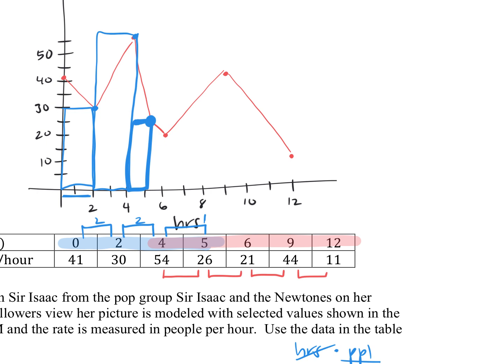And now the difference here is the right-hand Riemann sum, we kind of ignored this first number, right, of 0 and 41. We didn't use that 41 height value. For the left-hand Riemann sum, I'm not going to use the last y value. I'm only going to use the first 4, okay? Because if I drew this on the graph, I'm going to kind of use a highlighter here. My left-hand Riemann sum between 4 and 5 would be, here is my 4 value, to 5 would look something like this.